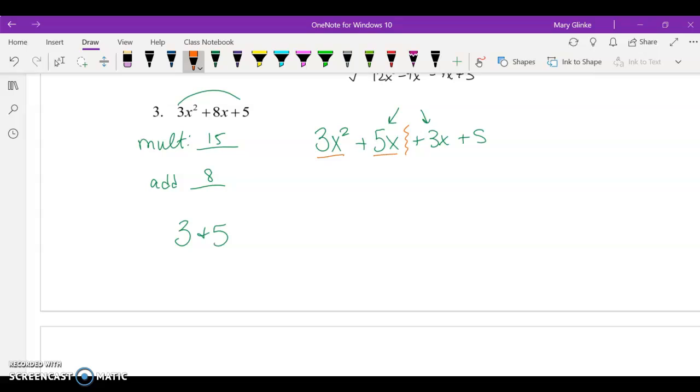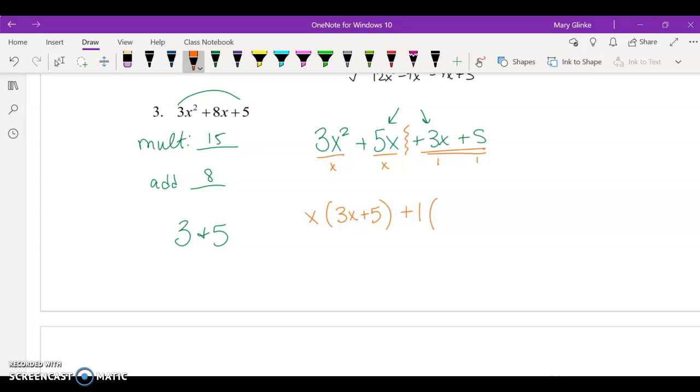I'm going to look for my GCF of the first two. They have an x in common, so I'm going to take that out. I have x out in front, and then 3x plus 5 in parentheses. And now we run into a problem because the GCF of the second two, well, 3x and 5 have nothing in common. When that's the case, we're going to say our GCF is 1.